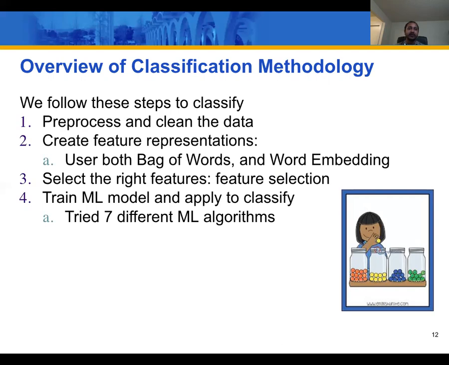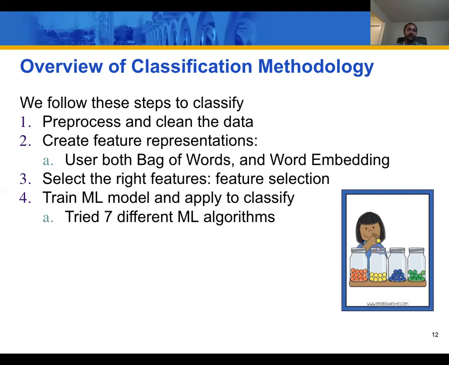So we need to transform this data into a vector. In order to do this, we used both bag of words and word embeddings with TF-IDF and normal term frequency. We have also used the pre-trained models of Google and GloVe.